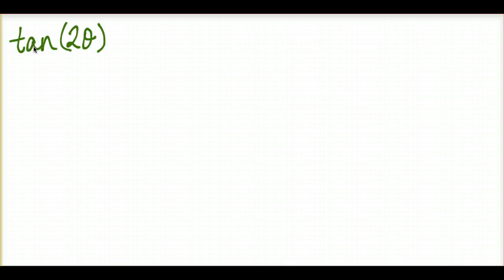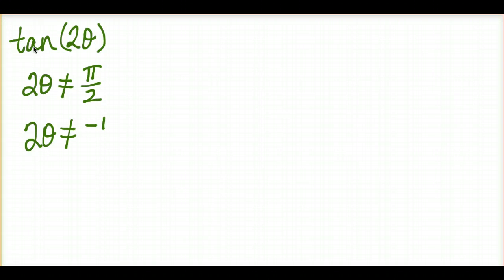And we know our angle cannot equal pi over 2. And I'm also going to write on here that our angle cannot equal negative pi over 2. Now I could put 3 pi over 2 there because it's also undefined there, but I use pi over 2 and negative pi over 2 because those two kind of surround the origin.